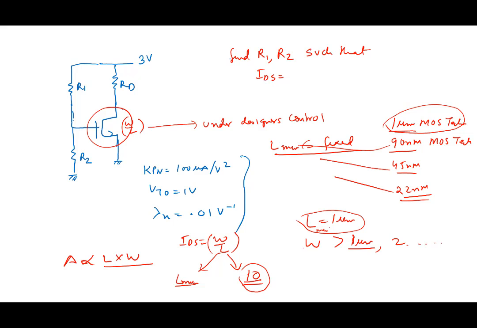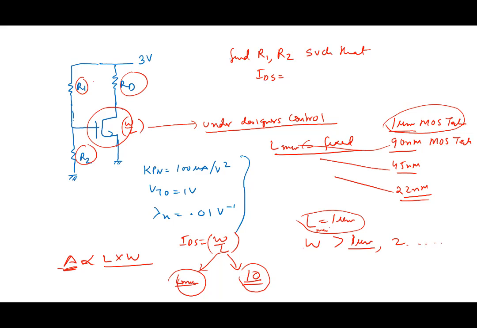Most of the MOSFET designs are for a particular technology, 80 nanometer, 90 nanometer, 45 nanometer, or whatever it is. Okay? So L minimum is fixed. And most of the time, as I've been saying, you choose L minimum to keep your area small. And the W, then you can choose appropriately according to your design. So as a designer, what is under your control is, of course, you can choose R1 and R2 and RD.